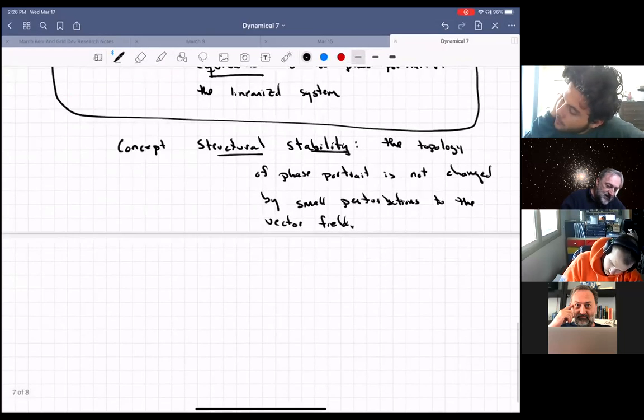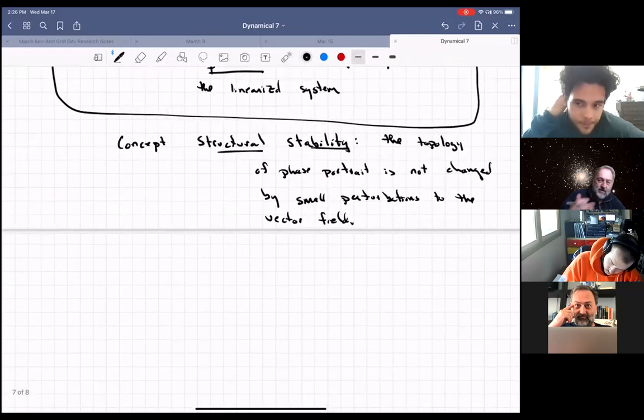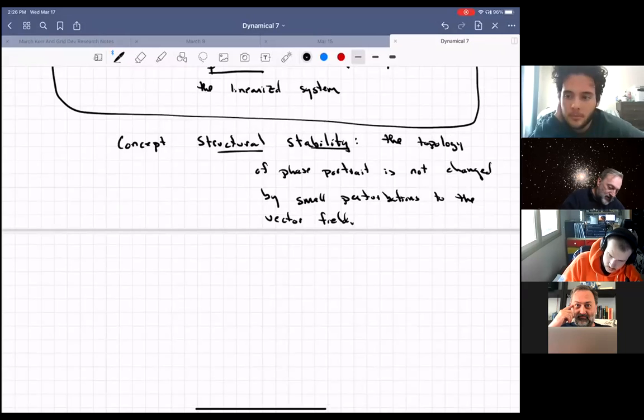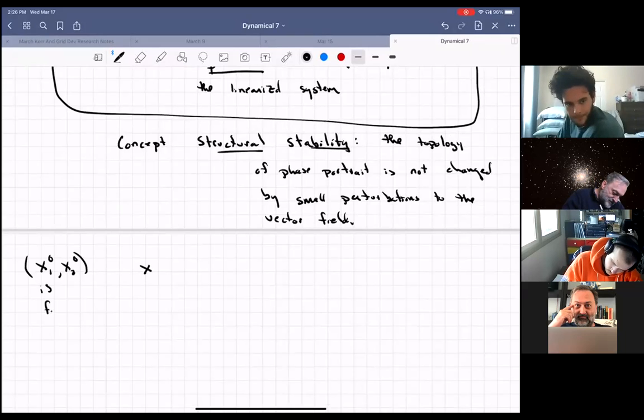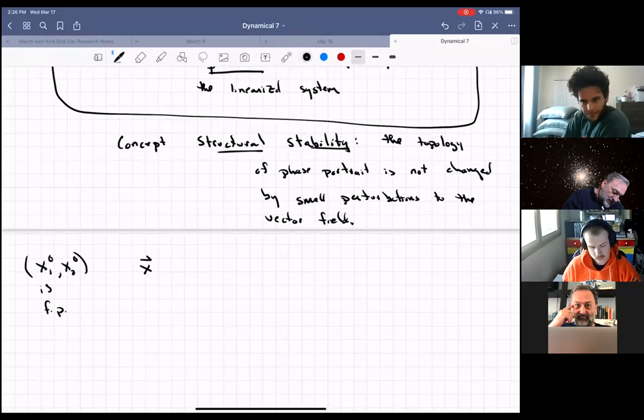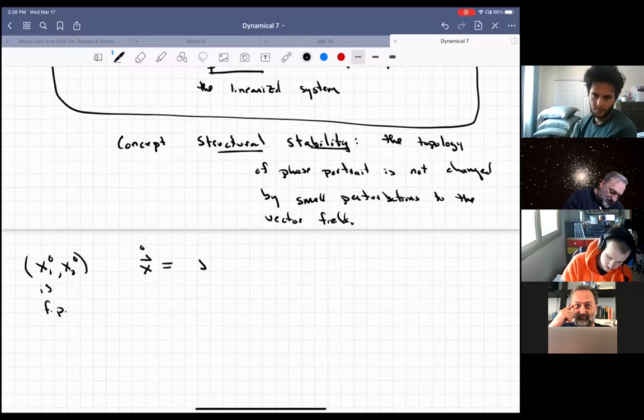And of course, that's all tied up into this concept that we've done this Taylor series expansion, right? We've said that x1 naught, x2 naught is a fixed point. Therefore, x vector dot is the Jacobian matrix evaluated at x1 naught, x2 naught times some delta x, plus now there are higher order terms, right?